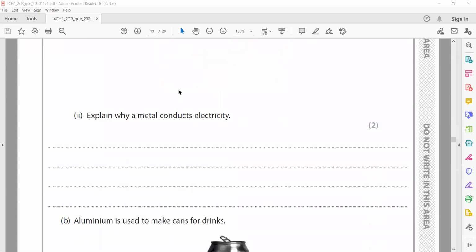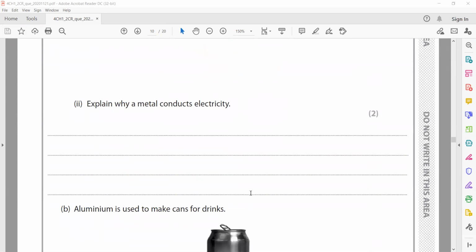Why does the metal conduct electricity? Because they have free electrons which can move within the structure. Delocalized and free electrons can move. Free or mobile electrons are there, that's why metals are good conductors.